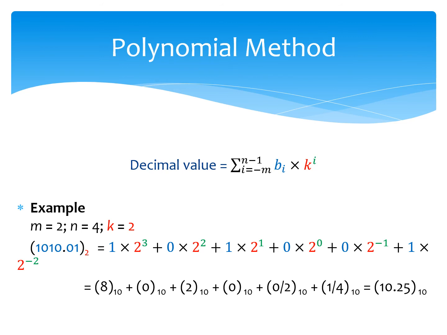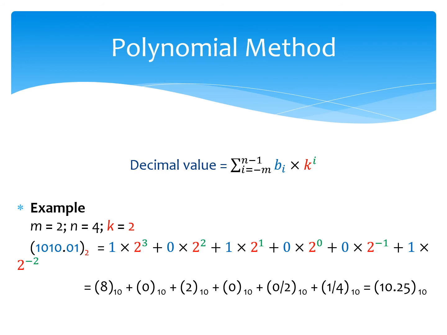For instance, the most significant digit is 1, which represents B3 at position 3. Therefore, B subscript i multiplied by k to the power of i is 1 multiplied by 2 to the power of 3, which is the first term in the calculation below.